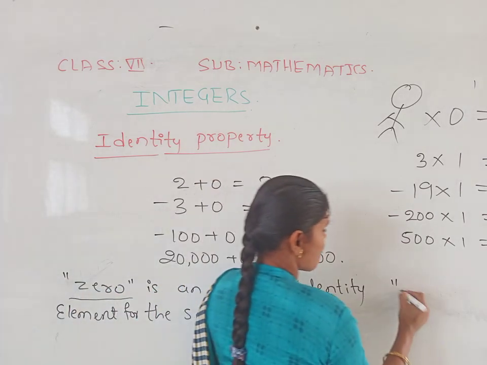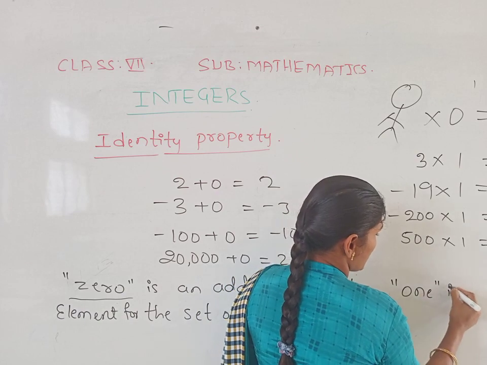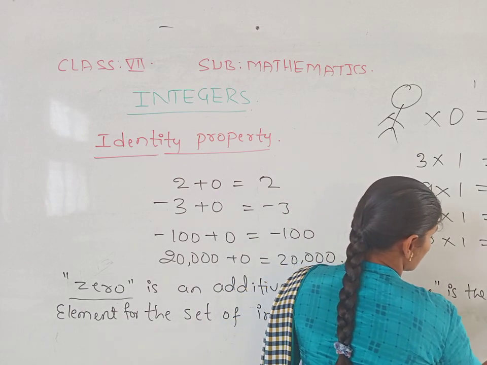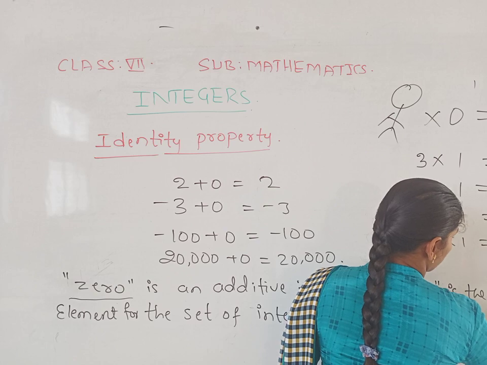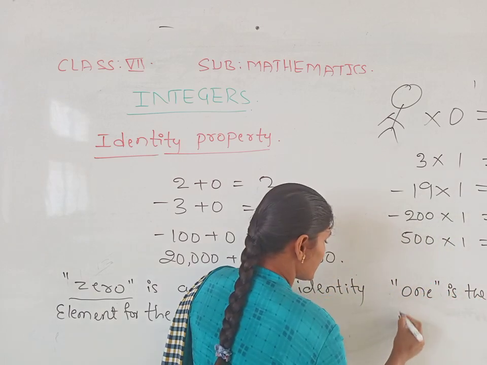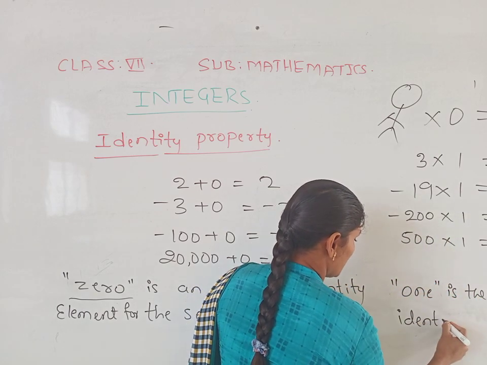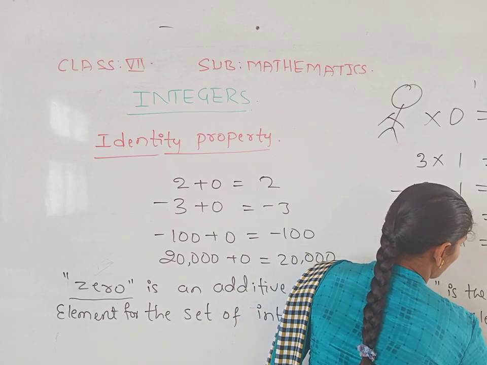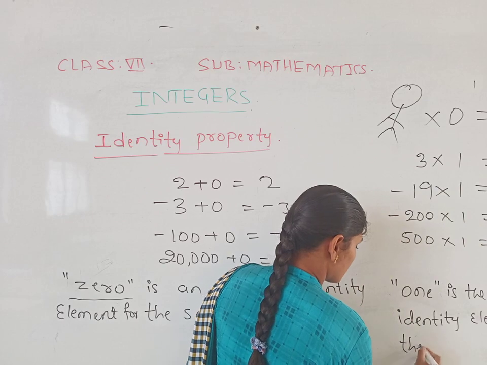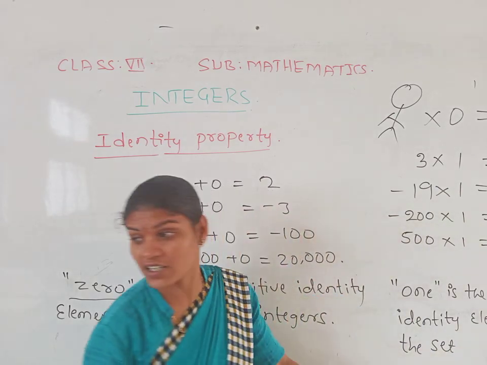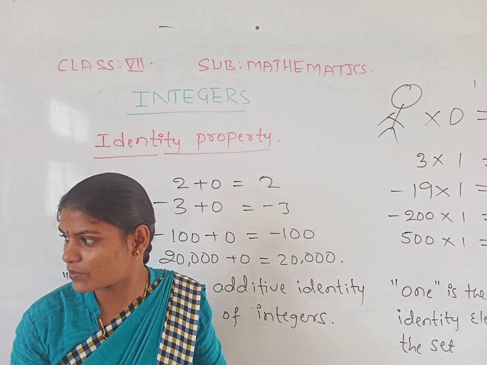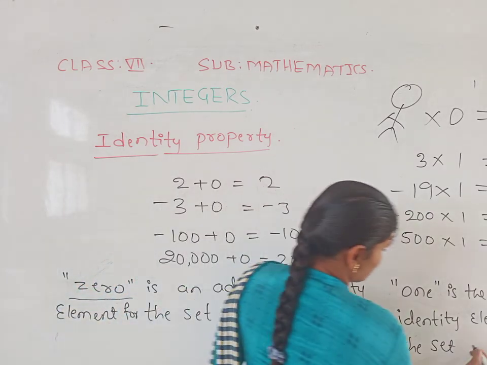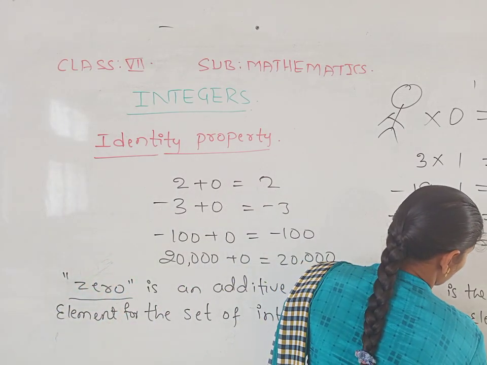It means 1 is the multiplicative identity element for the set of integers. Set means what here? Group, a group of numbers. Set of integers.